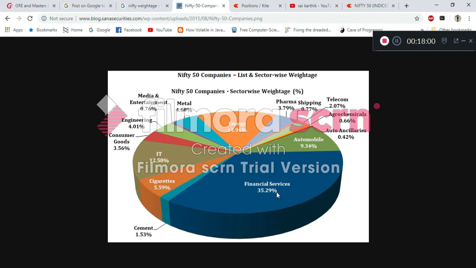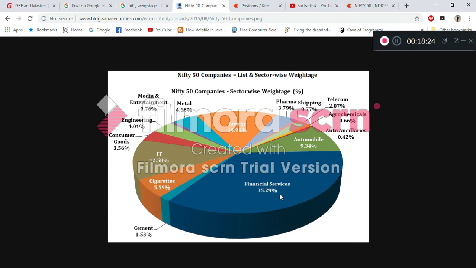Even inside these sectors, there are several stocks, and those stocks again have weightage. For example, in Nifty, in financial services, HDFC Bank and HDFC have very high weightage, followed by ICICI Bank.